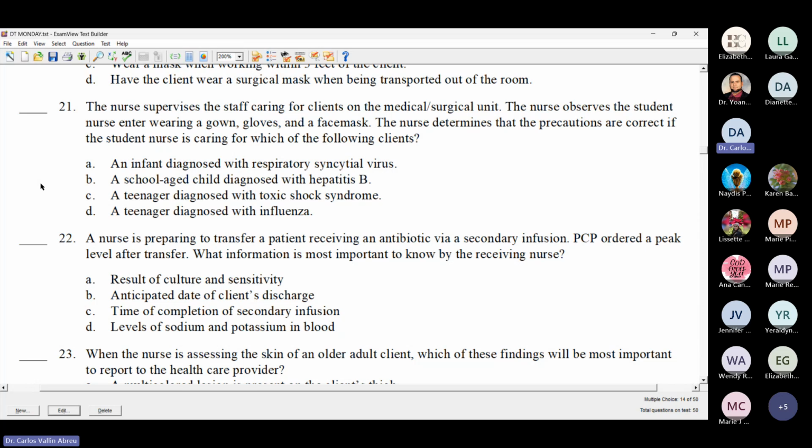The gowns and gloves are going to be needed if you are going to be exposed to splashes, body fluids, etc. Because influenza, the same as the coronavirus, can also be transmitted by objects that have been recently in contact with respiratory secretions. So the one that justifies wearing a face mask here is the influenza. So if I were in my test, I would be choosing D.